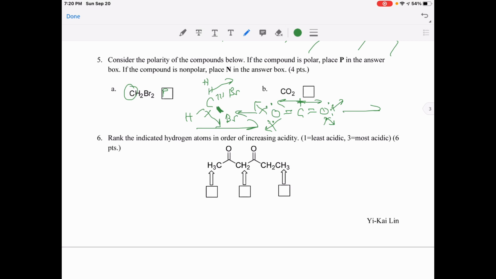But because there are two lone pairs on each end, and they're going in opposite directions, these two vectors cancel out. So again, we are still left with a zero dipole moment. This means our molecule has a zero total dipole moment, so we are left with a nonpolar compound.